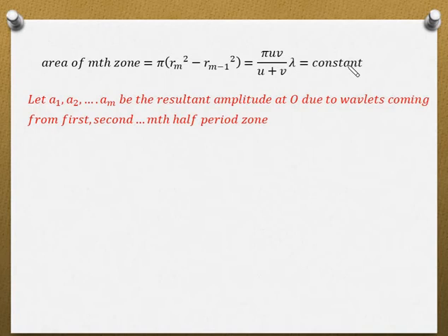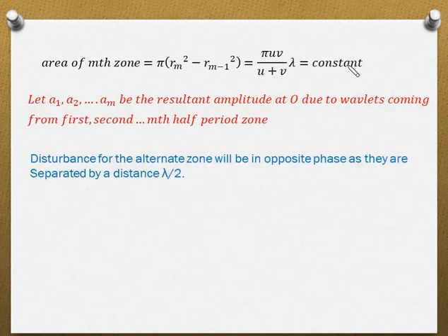Now let A1, A2, dot dot, AM be the resultant amplitude at O due to the wavelets coming from the first, second, dot dot dot, mth half period zone. Here we need to note one point, that each zone is separated by a distance of lambda by 2, and this lambda by 2 distance introduces a phase of pi.